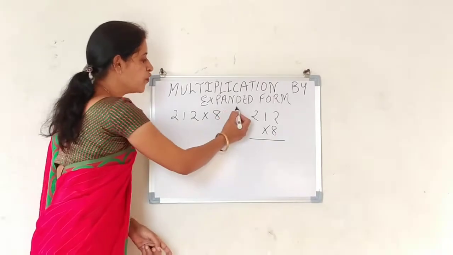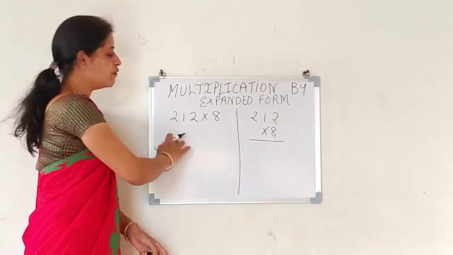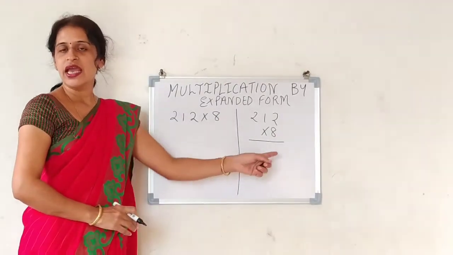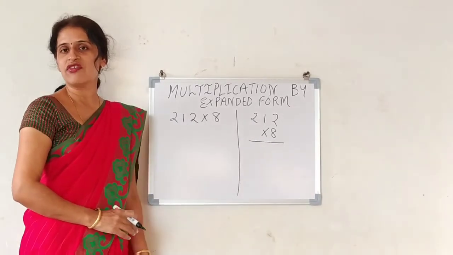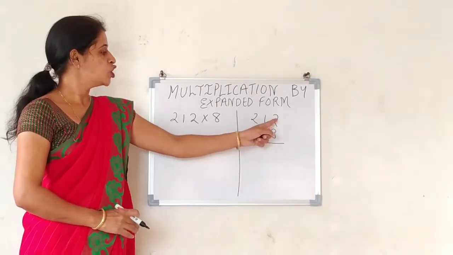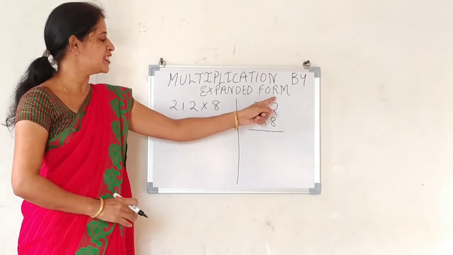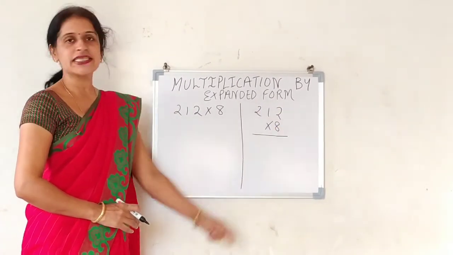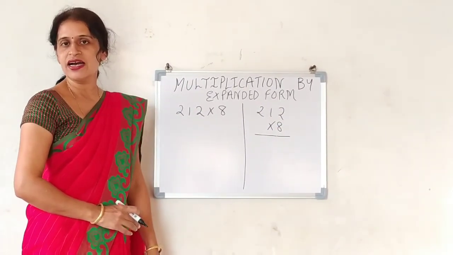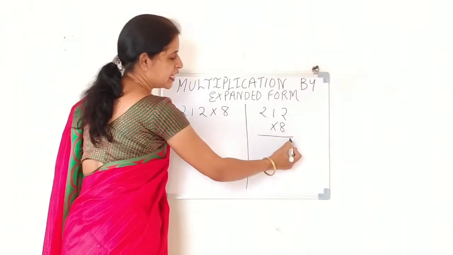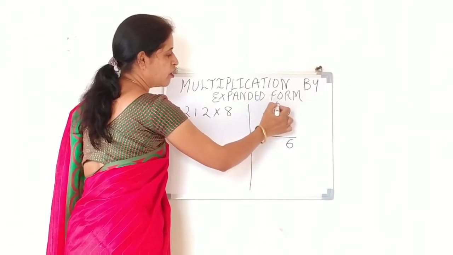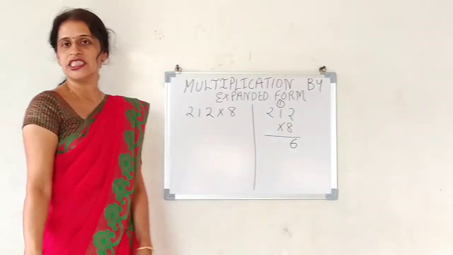Let me show you first this method and then we will do the expanded method. In both ways, the answer remains the same. First, let's start multiplying with the ones place. 2 into 8 is what? 2 8s are 16. We write 6 in the ones place and we carry over 1 to the tens place.